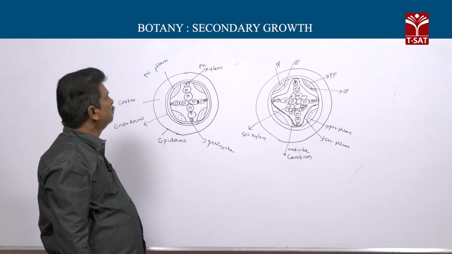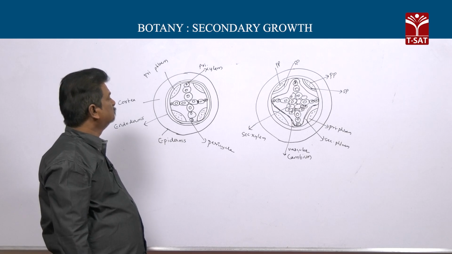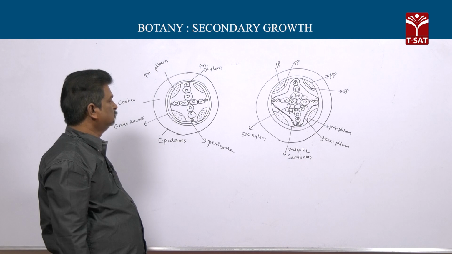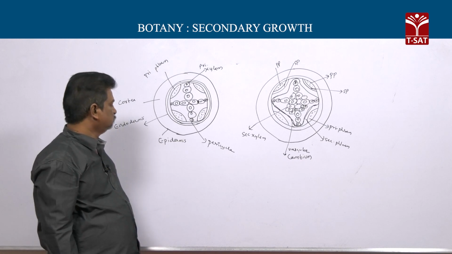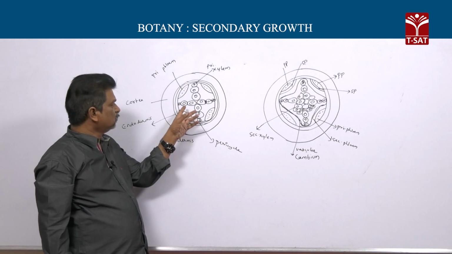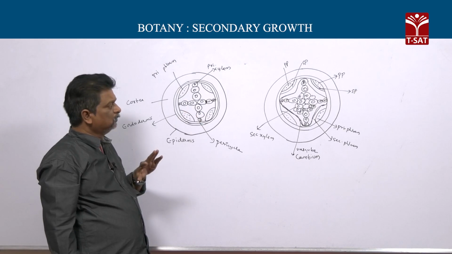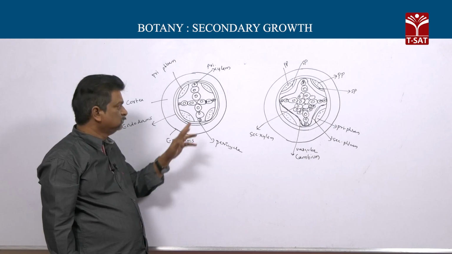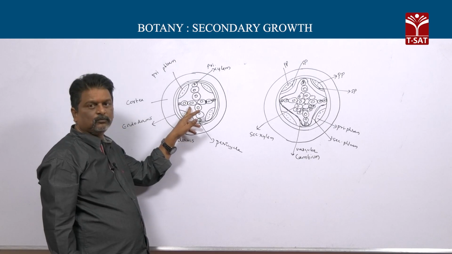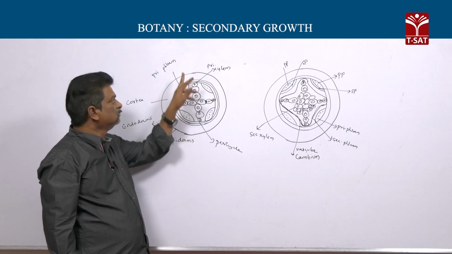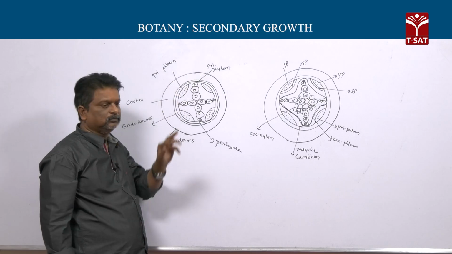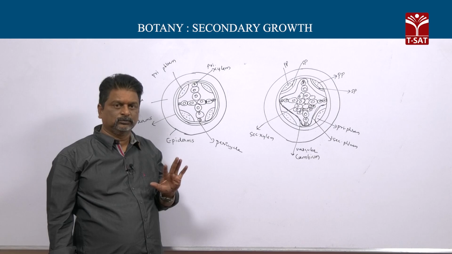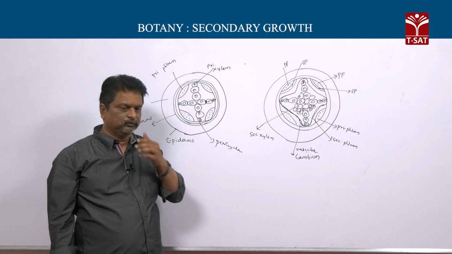Next one, secondary growth in a dicot root. In a dicot root also, secondary growth occurs in two places: within the stele, called intrastellar, and outside the stele, called extrastellar secondary growth.